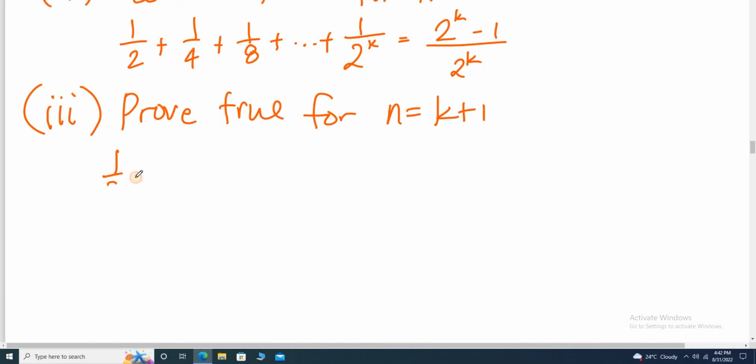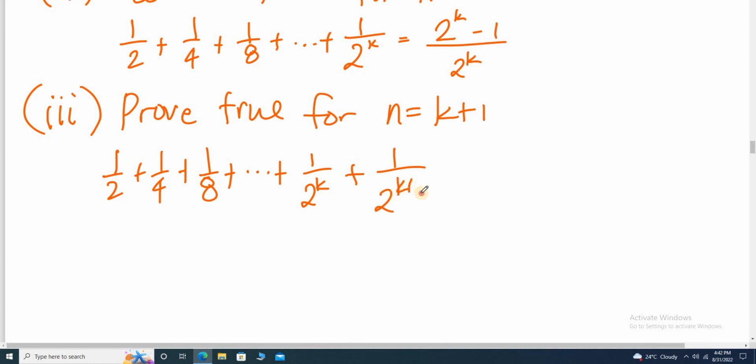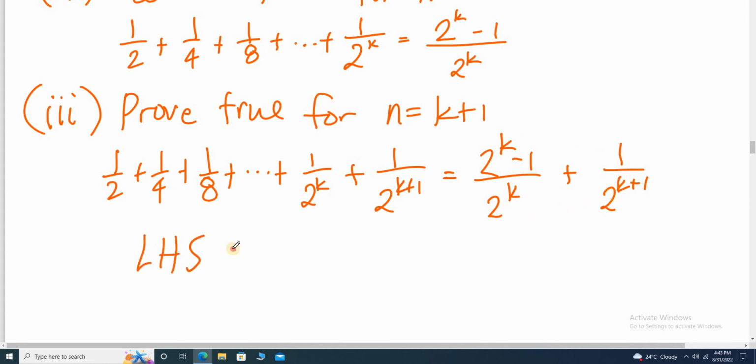So we have 1 over 2 plus 1 over 4 plus 1 over 8 plus 1 over 2 raised to k, and then we'll add the next term, which is 1 over 2 raised to k plus 1, is now equal to 2 raised to k minus 1 over 2 raised to k plus what we add on the left side, we also do on the other side. So that's 1 over 2 raised to k plus 1. We'll simply manipulate the right hand side, so left hand side remains.